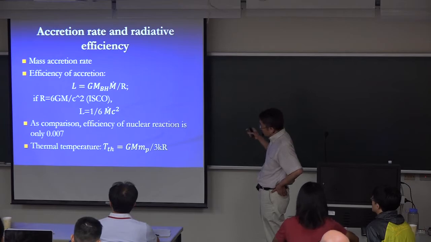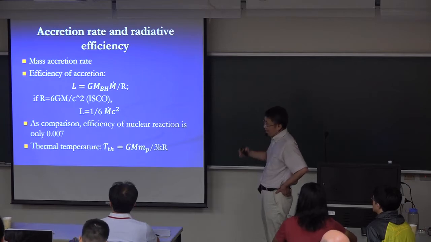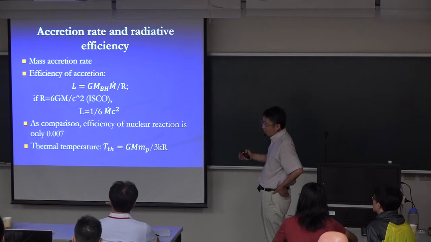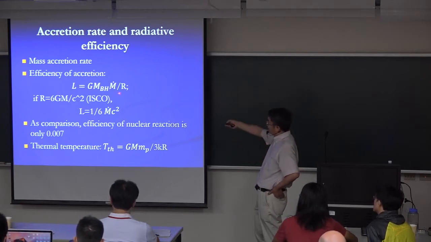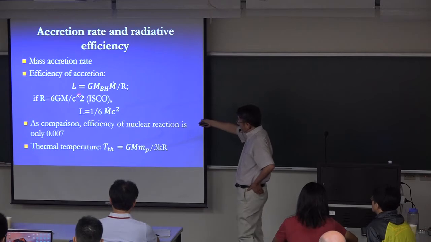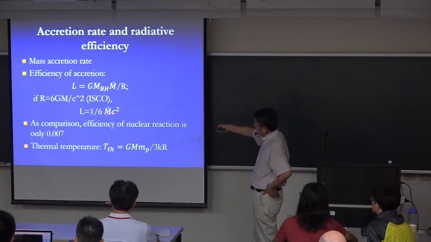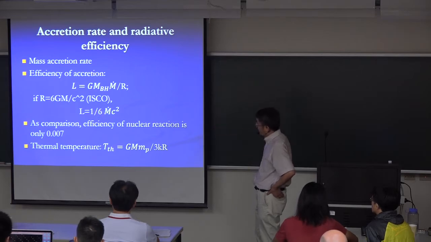This is usually regarded as the innermost edge of the accretion flow, so the gravitational energy can be released until this radius. If we put in this value, we will see the luminosity will equal this value. The 1/6 is the typical efficiency of the black hole accretion.